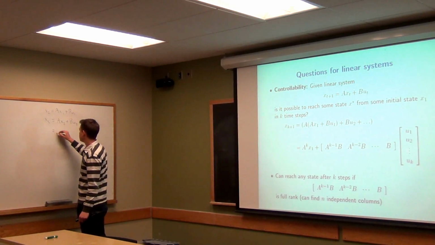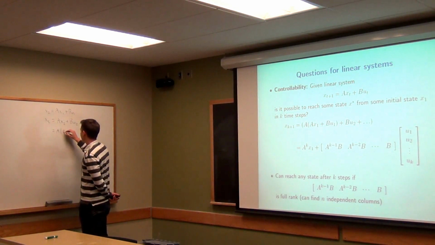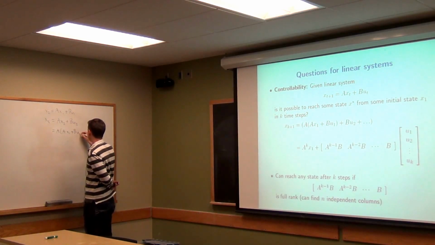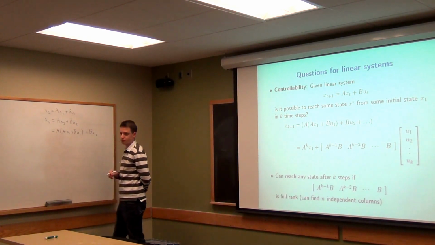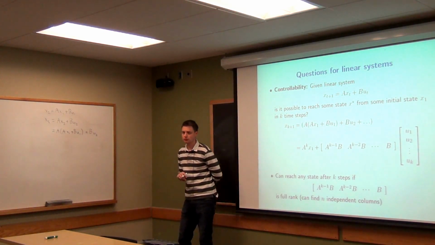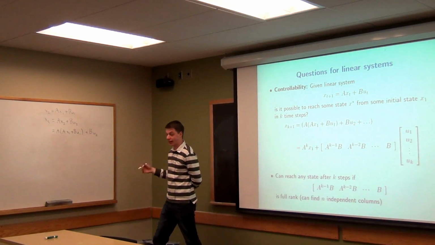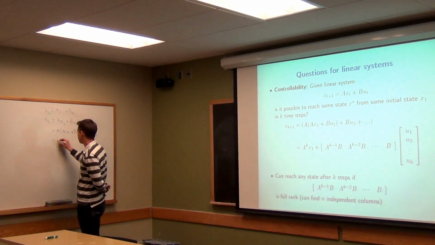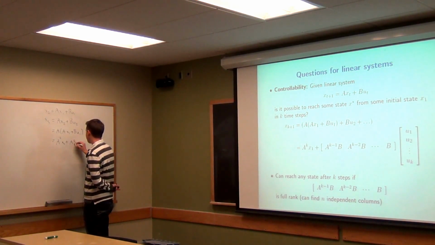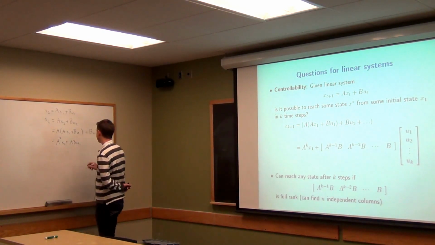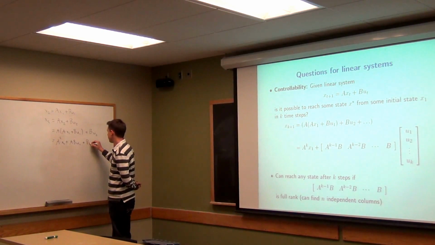So this really equals a times (a x1 plus b u1) plus b u2. And just writing out a little bit more, this equals a squared x1, because we have 2 a's here, we're just going to distribute this out, plus a b u1 plus b u2.